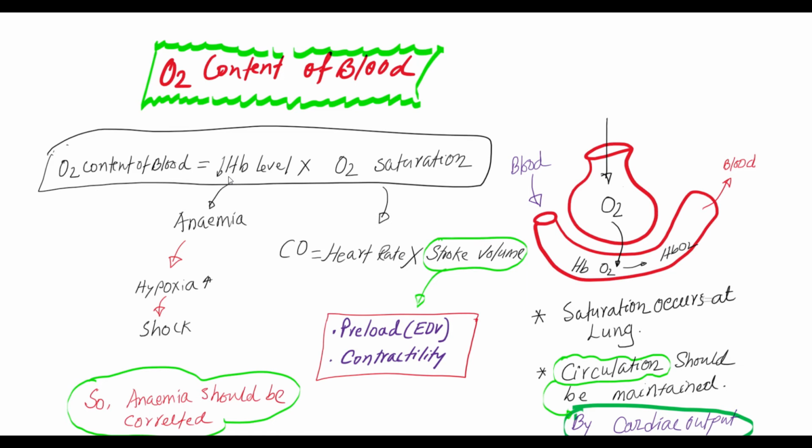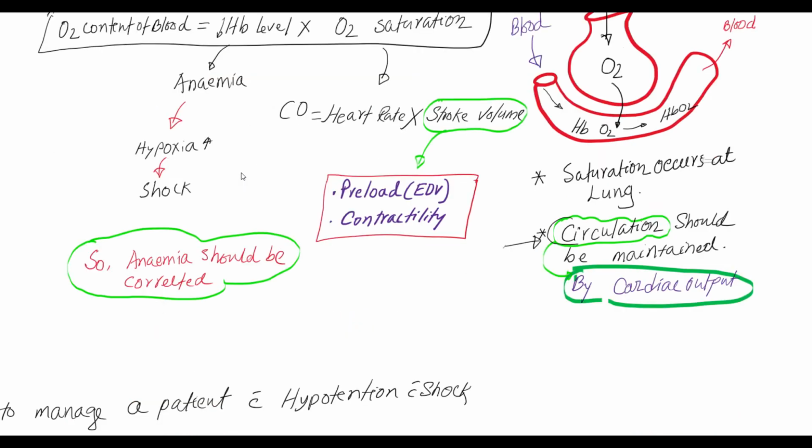If circulation is maintained through the pulmonary bed, the oxygen saturation will be maintained. And if circulation is not maintained, oxygen saturation will not be maintained. Very easy. So the new term is circulation, blood circulation through the pulmonary bed.